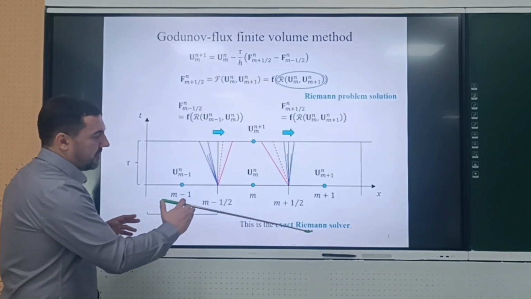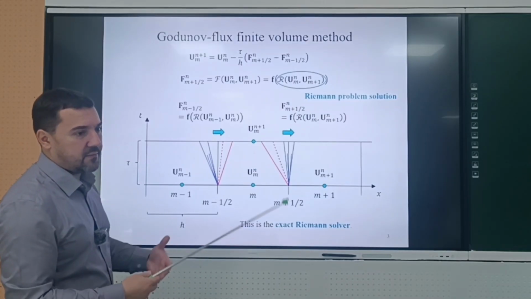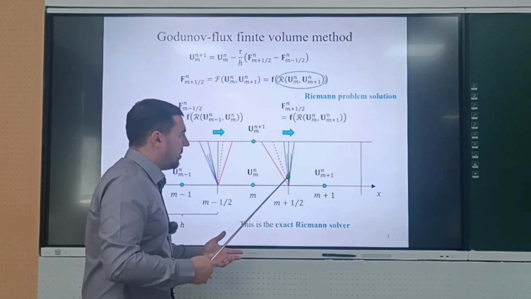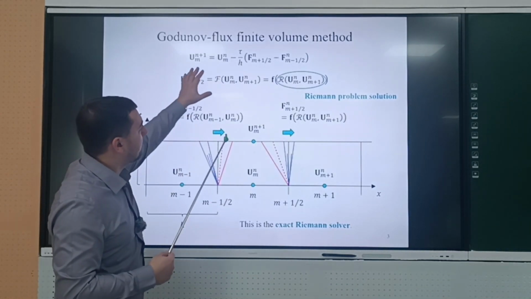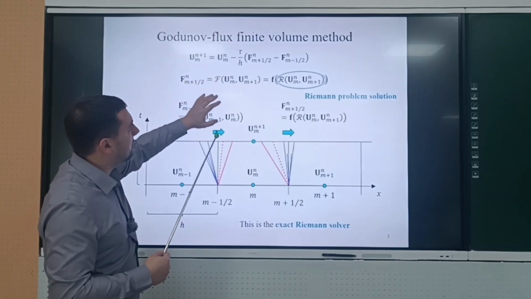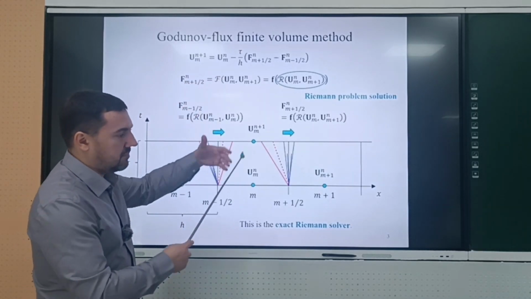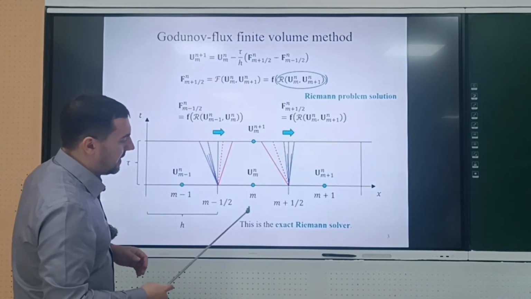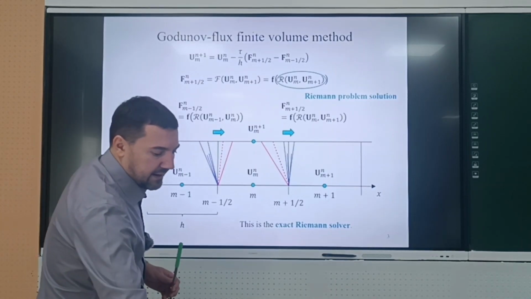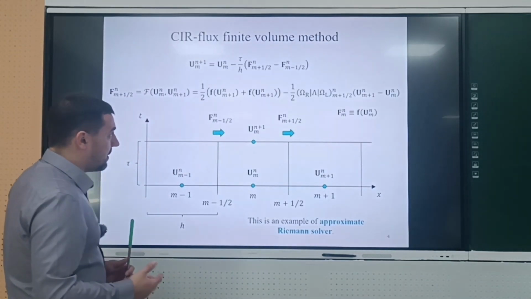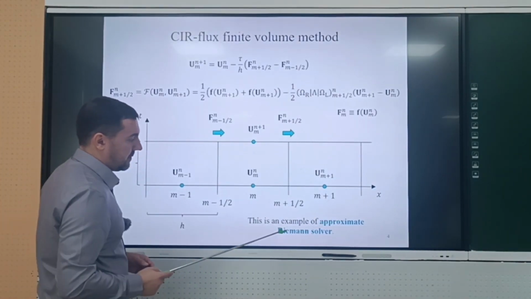Solver means both the numerical method and your code and software, everything that is based on it. So if your code or method looks like this one, a finite volume method with numerical flux that is computed using the exact solution of the Riemann problem, it is called an exact Riemann solver. If you have an exact Riemann solver, it means that we also have approximate Riemann solvers.